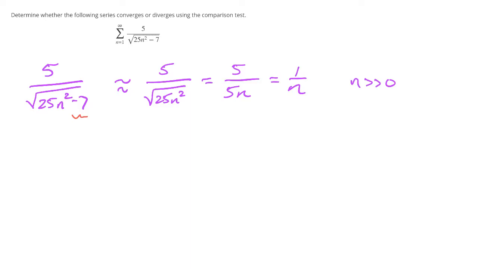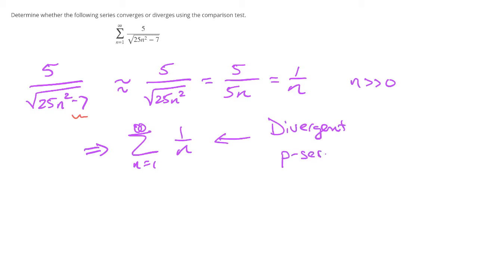So our idea is that we probably want to compare this to the series from n equals 1 to infinity of 1 over n. And for this one, we know that it's a divergent p-series. This gives us a good idea of what we can compare it to.